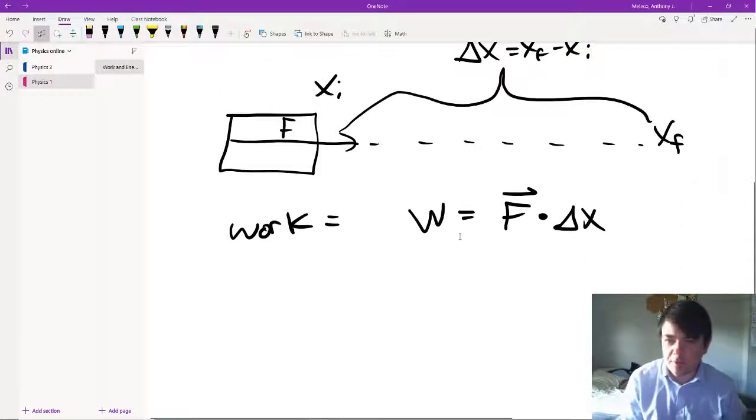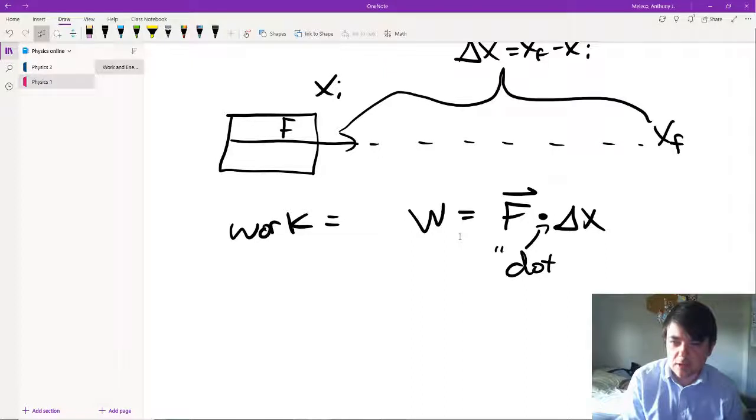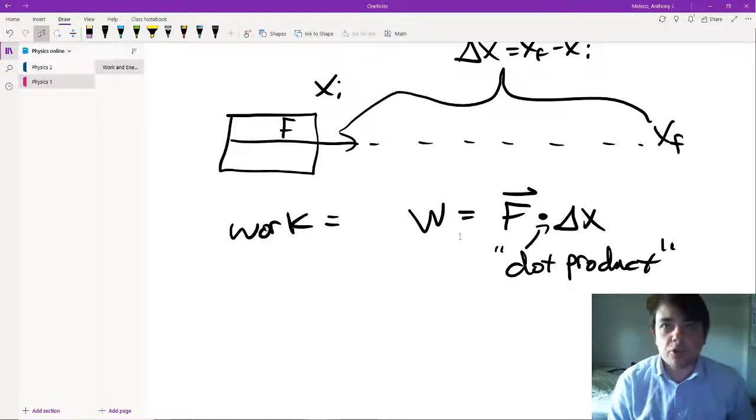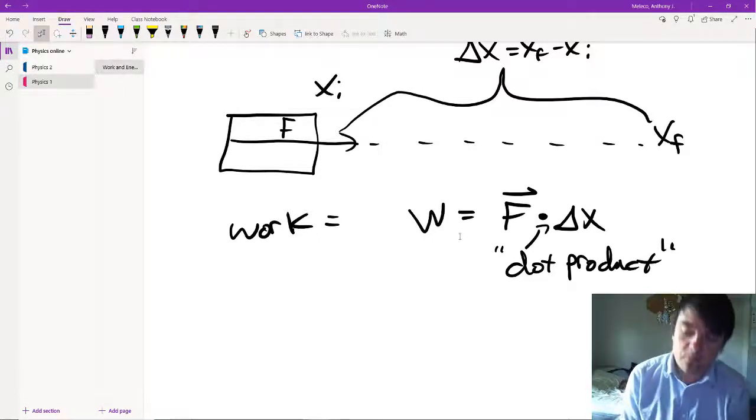And I'll talk about what that is. This actually isn't multiplication, this is a dot. If you remember, at the very beginning of the course when I was talking about vectors and different things you could do with them, I mentioned you could quote unquote multiply them. This is one form of that, but it's not quite multiplication.